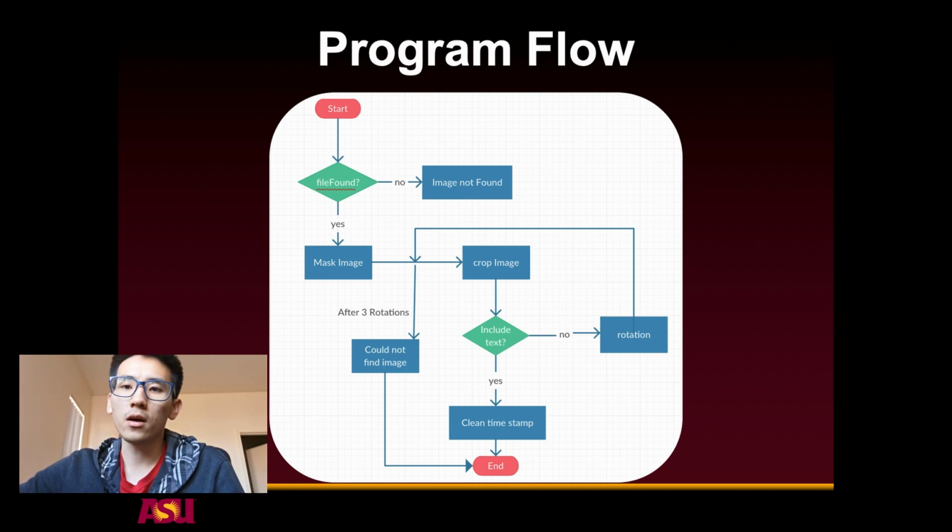After we crop the small region, we will detect the text inclusion. If we find the text, we will try to clean the timestamp text on the crop region. After that, we will put the processed cropped region back to the original image.